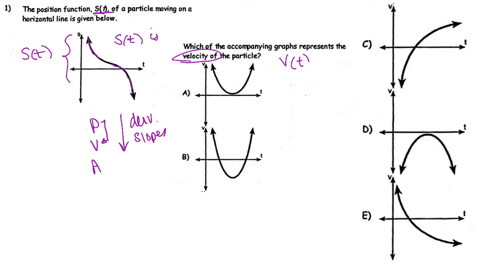And if the position is decreasing everywhere, then we automatically know that V at t, or the velocity, is less than 0 everywhere. So that tells me that the graph of this has to be completely below the x-axis for all values of x. And so that's going to give me answer choice D.